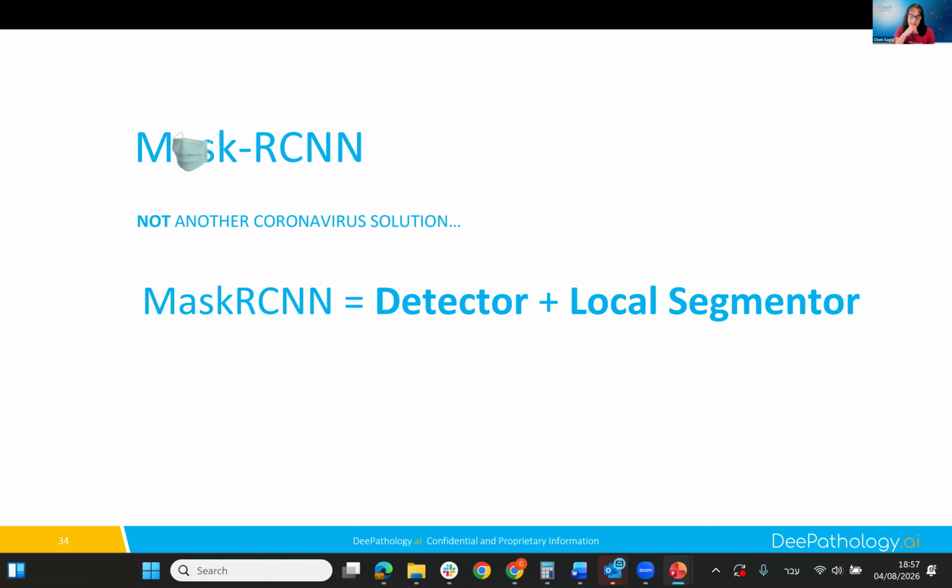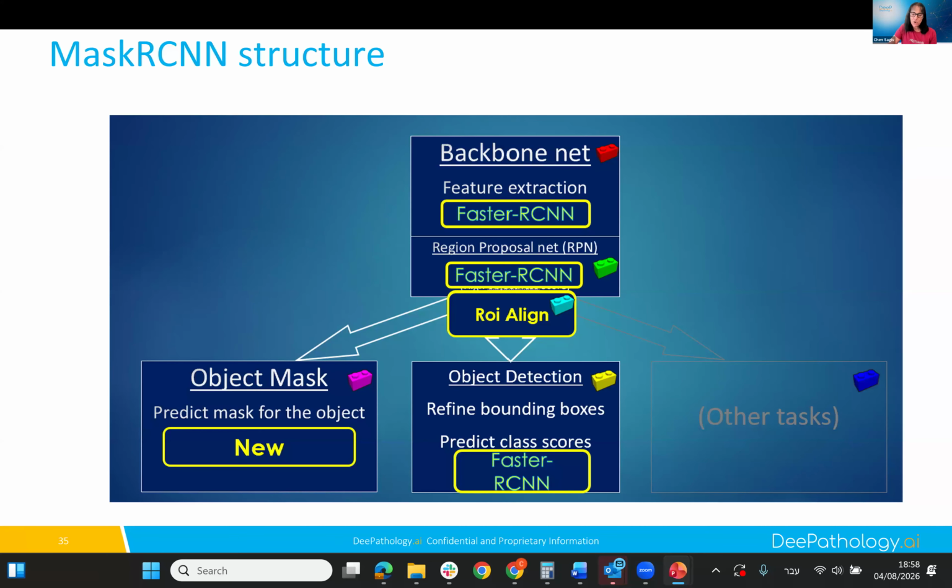So mask RCNN is again relying on the work of Ross Girshick, and it employs a detector, in the same way that we have for RCNN, but also predicts the boundary of the object. So basically what we have is, again, a features extractor with region proposals.